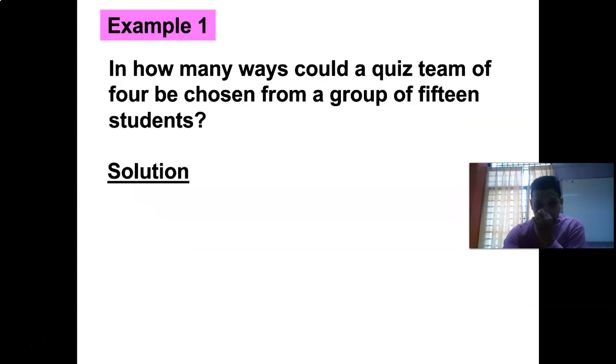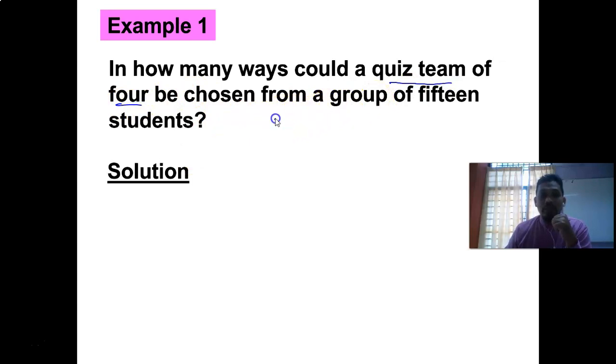In how many ways could a quiz team of 4 be chosen from a group of 15 students? Class, just imagine that I'm the teacher of the class, and the college organizes a competition among the tutorial groups. Every tutorial class or group needs to send a quiz team of 4 chosen out of a group of 15 students.